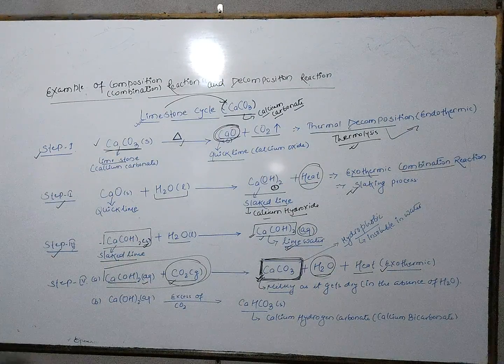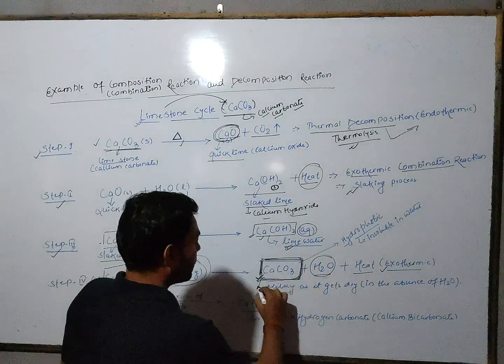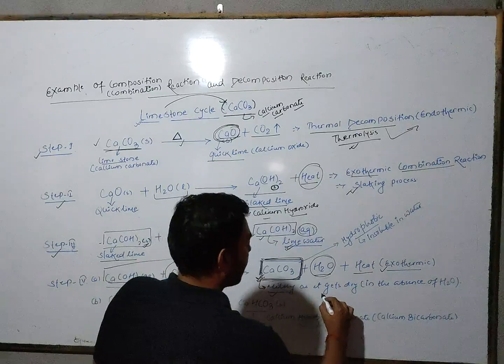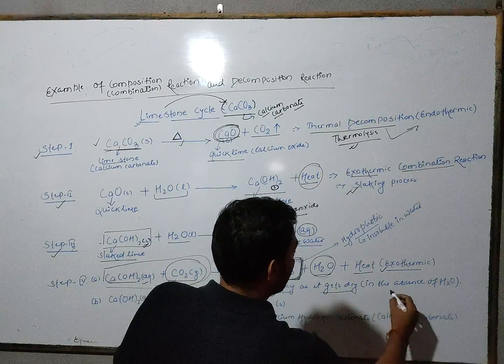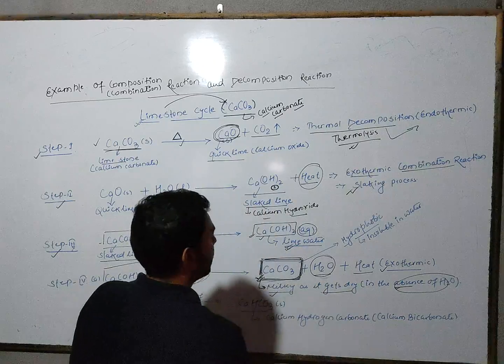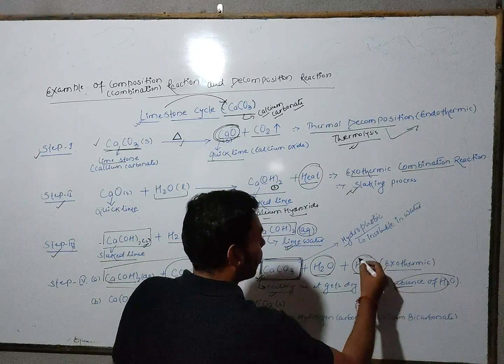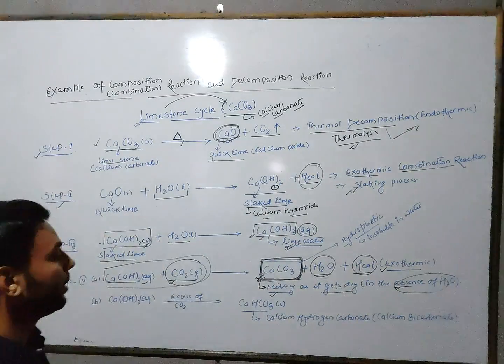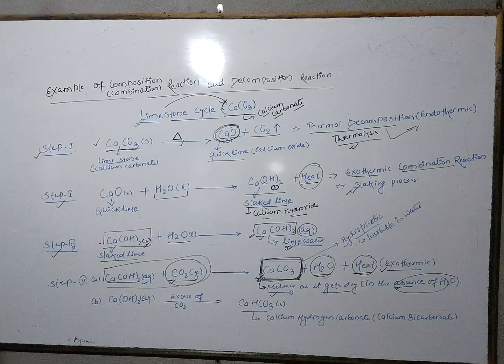So we can say that calcium carbonate becomes milky as water gets dried, and in the absence of H2O it turns milky, and since heat is released outside the system, we will see that it is also an exothermic reaction.